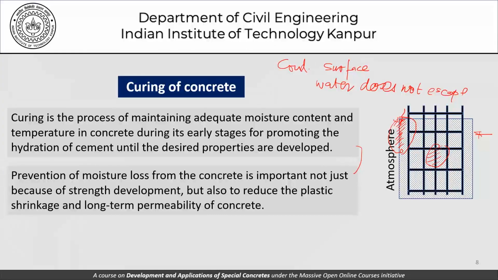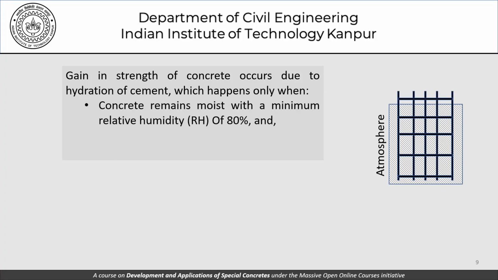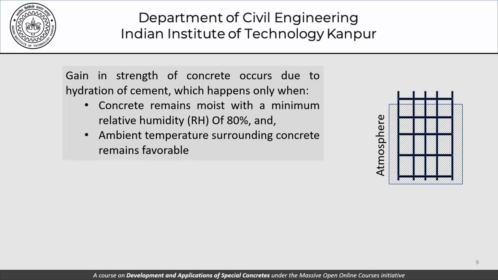Now, gain in strength of concrete occurs due to hydration of cement, which happens only when the concrete remains moist with a minimum relative humidity of 80% and the ambient temperature surrounding concrete remains favorable. Now, this is the kind of picture that gives us an inkling of what is coming in the next lecture and possibly the next one.